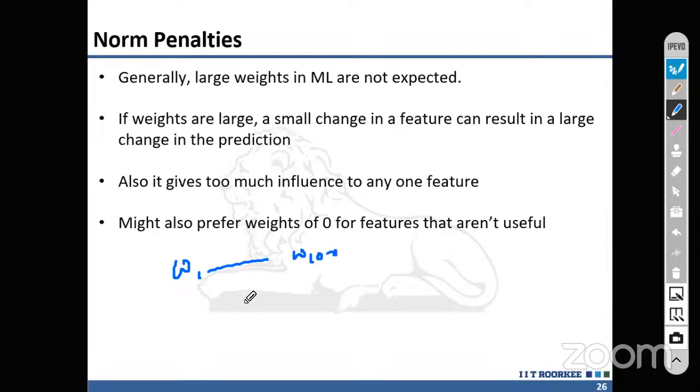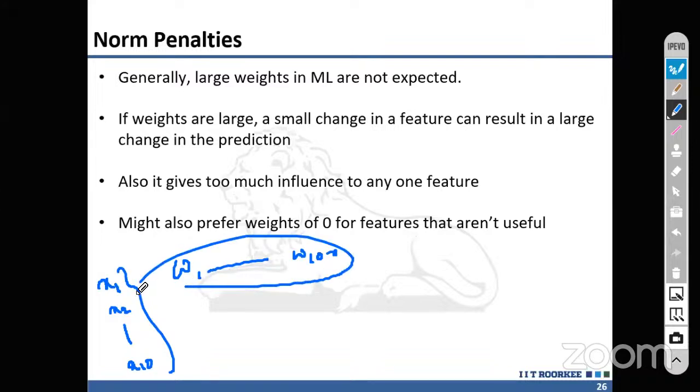And then I have some features, X1, X2, and so on. So many features, and these are the different weights. And then we are tuning these weights based on those features. We have different objects, data, and from those data we are tuning.